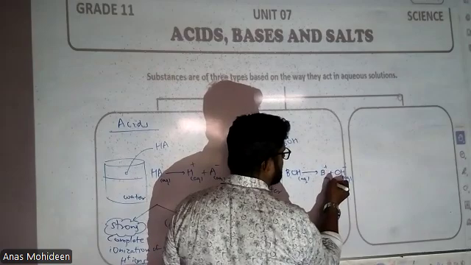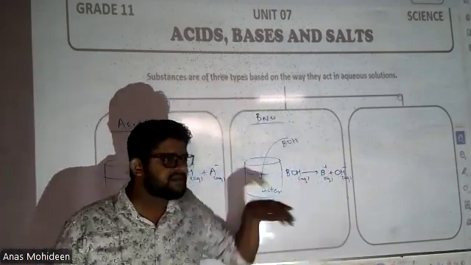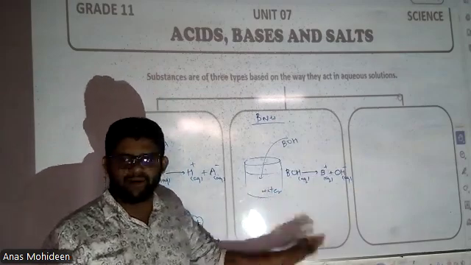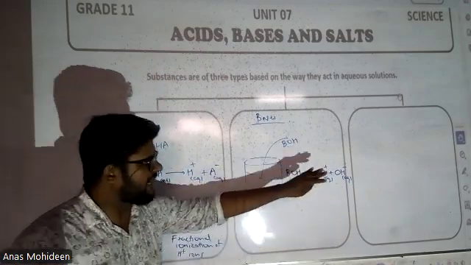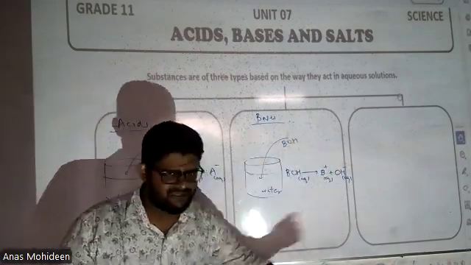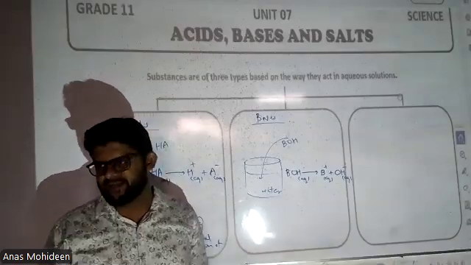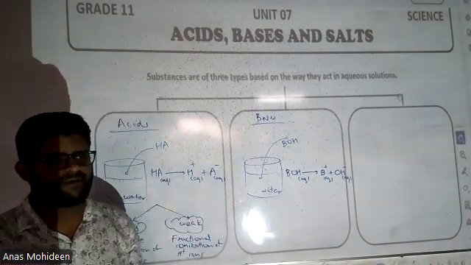B, it is plus. Usually we write plus first, so I wrote the OH minus at the second place. So you see BOH becomes B plus OH minus. So a compound which ionizes OH minus ions in an aqueous, water containing medium is written as a base.